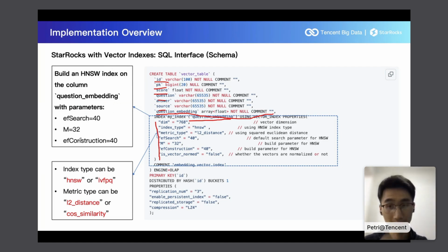Our implementation supports two types of well-known vector indexes, and they are HNSW and IVFPQ. And L2 distance and cosine similarity can be used as similarity measures.